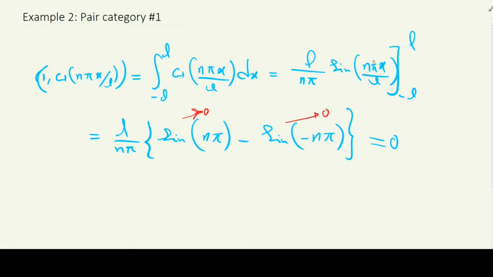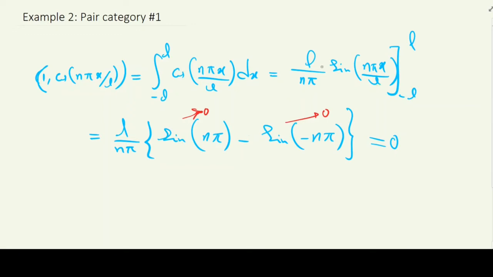So if you substitute L and minus L into this relation, for L, that's going to be sine of n pi, because L is going to be cancelled out from top and bottom. And if you substitute minus L, then you're going to get minus n pi, because L, again, is going to be cancelled out from top and bottom.